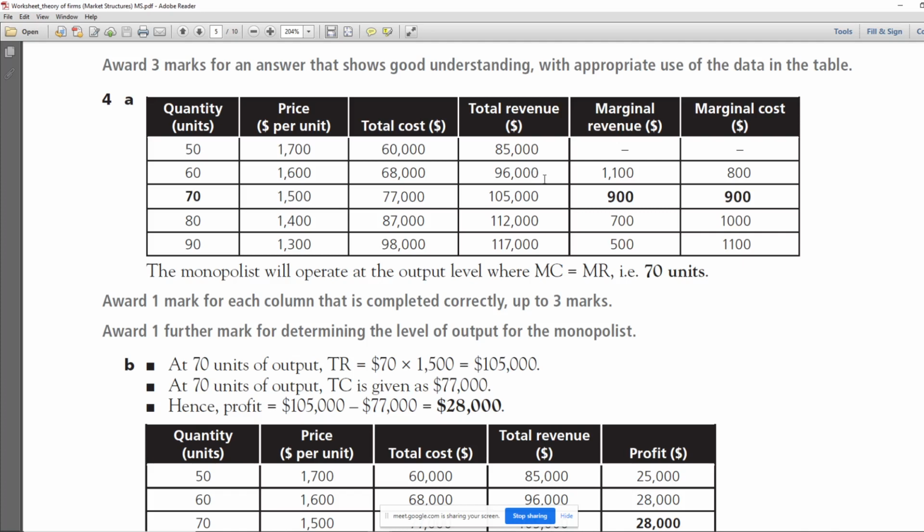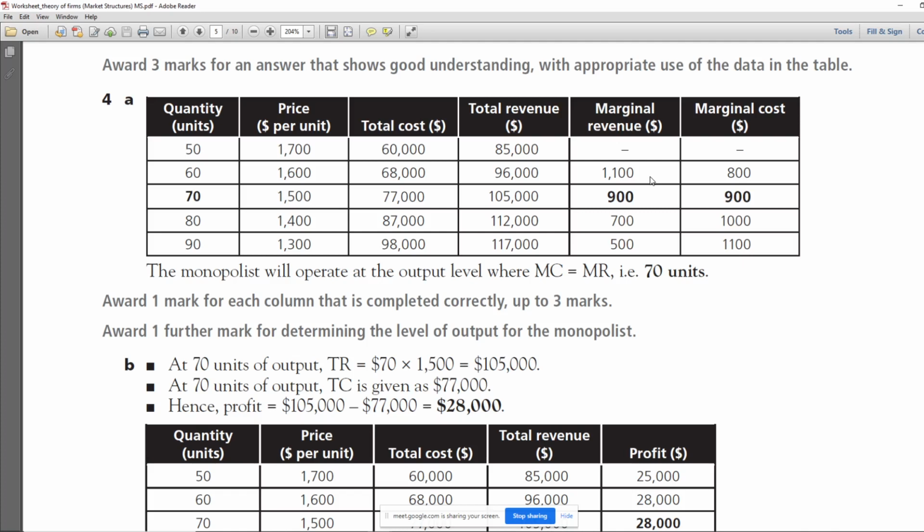Wait. Wait a second. Yeah, I think they are missing a zero.